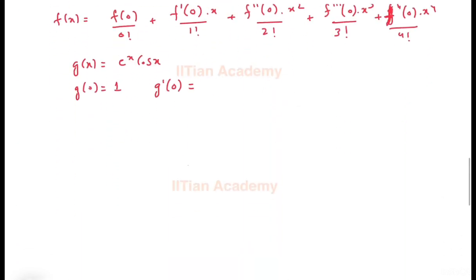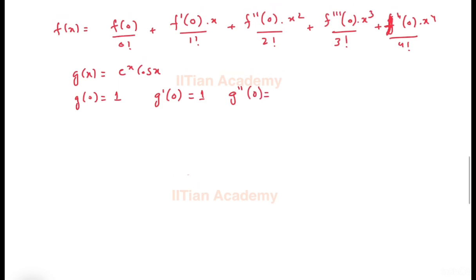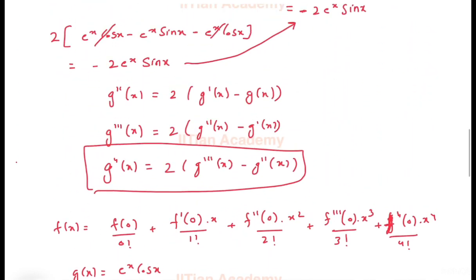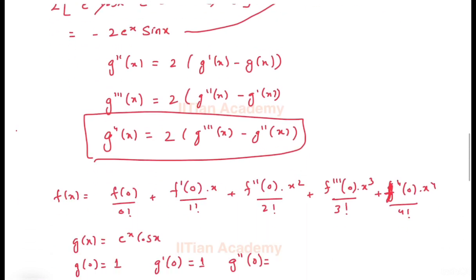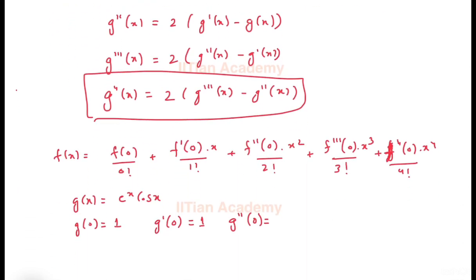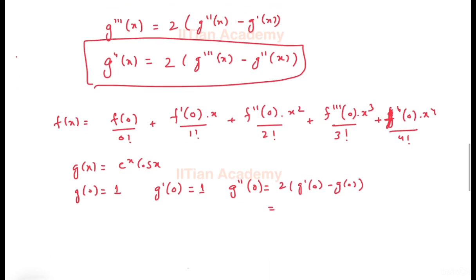Can we identify g double dash 0? Yes, for g double dash 0, we can use the given equation, which is 2 times g dash 0 minus g of 0. So this would be 2 times 1 minus 1, which is 0.